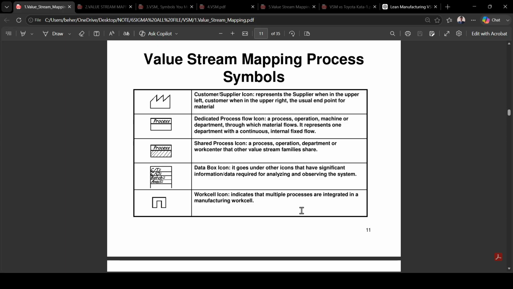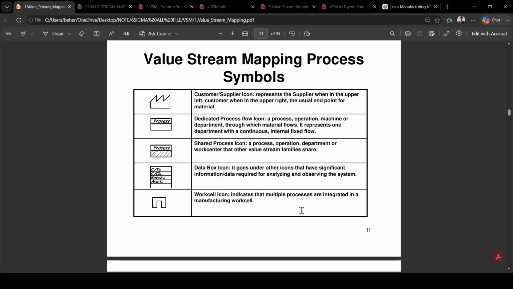The second one is the process icon, a dedicated process flow icon: a process operation, machine or department through which material flows. It represents one department with a continuous internal fixed flow. Then the shared process icon: a process, operation, department or work center that other value stream families share.